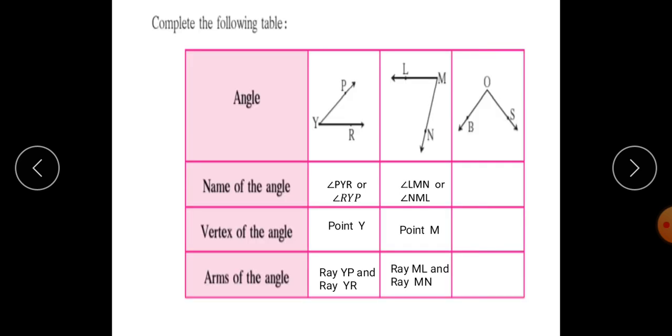Now, from this, we have to complete one table which is given in your book. In this table, some angles are given for which you have to write the name of each angle, the vertex of the angle and the arms of the angle.